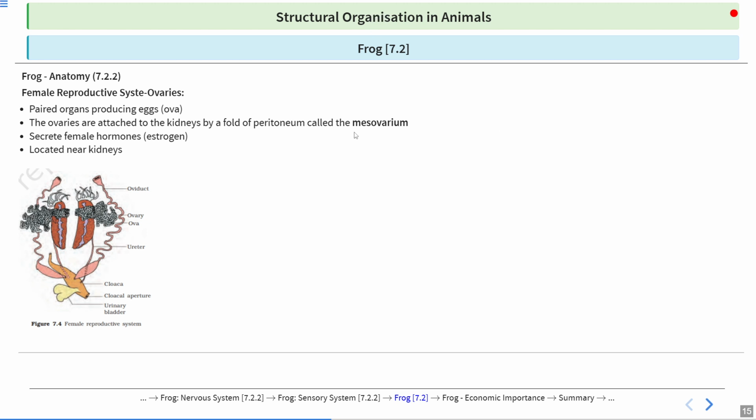And the name of the attachment membrane for the ovary is again different from the one that we have seen in the case of the male reproductive system, right? The hormone that is produced in the female is estrogen, and the hormone produced by the male reproductive system was testosterone. So these are the differences we see here.